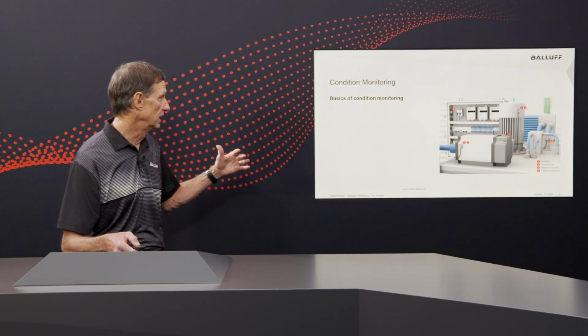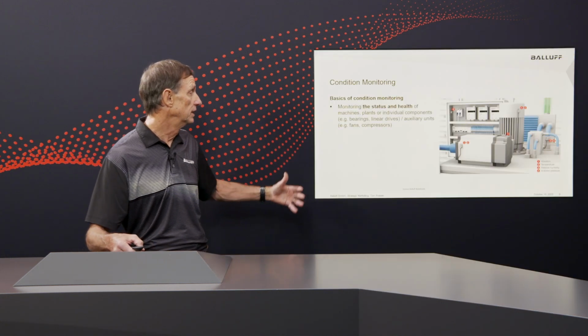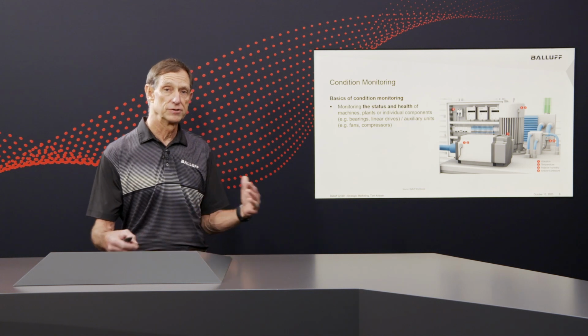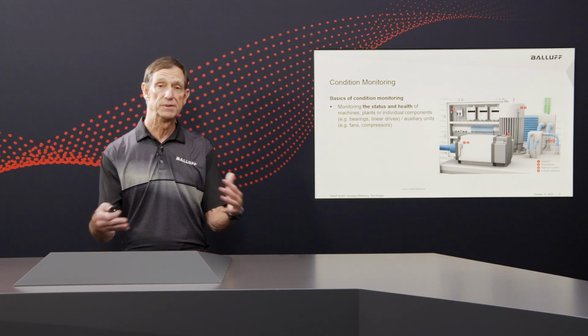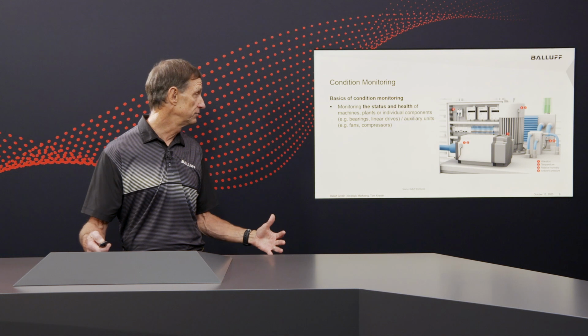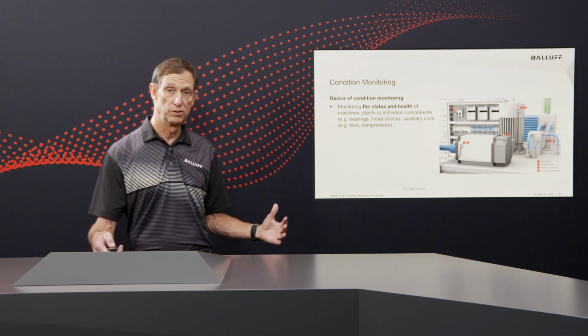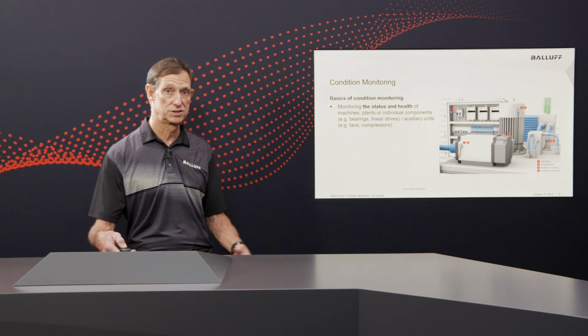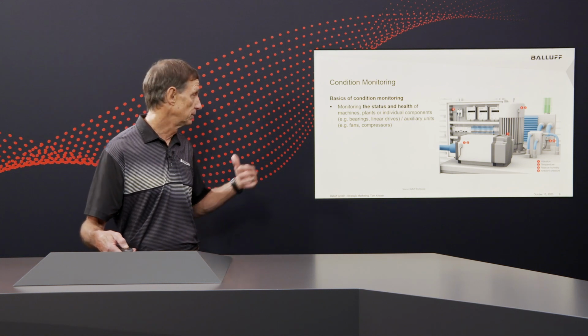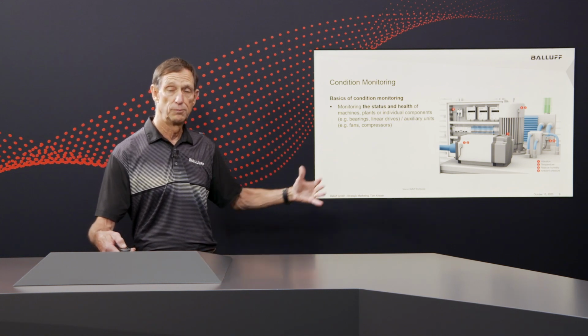From a very broad level, the basics of condition monitoring is really a system to monitor the status and health of a machine, a piece of equipment, the overall manufacturing plant, and the subcomponents that compose those, whether it's a gearbox, a drive, a motor, or some other critical part of that machine.